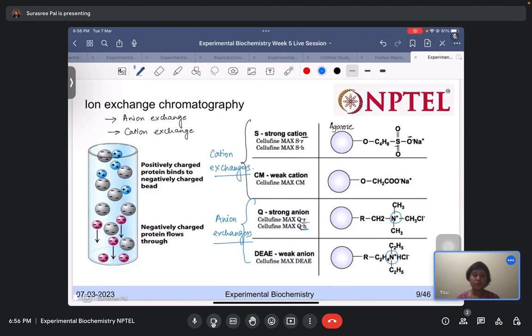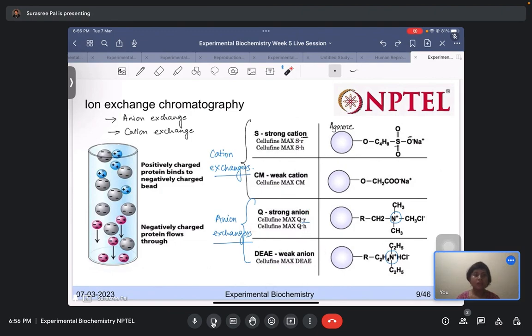It's usually called Q Sepharose, and this one is a DEAE cellulose or DEAE Sepharose. DEAE is diethylaminoethyl. So here also you can see that there is a positive charge on this matrix. So this is a strong anion exchanger and this is a weak anion exchanger.